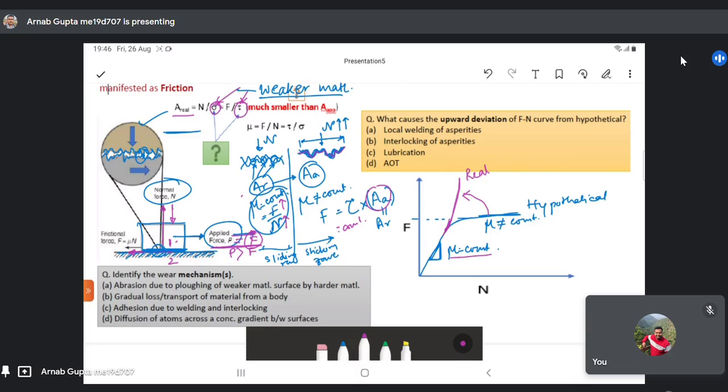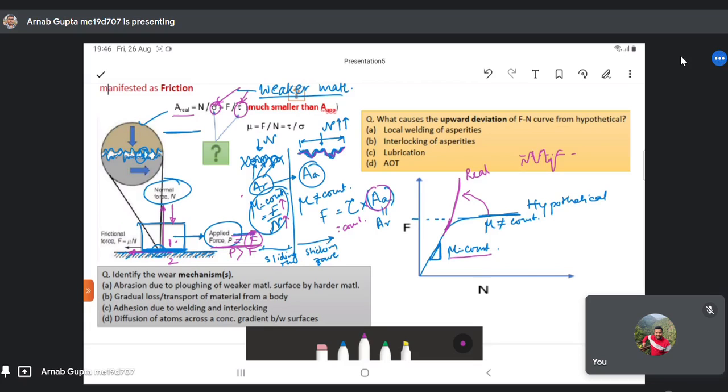Out of them, one is the interlocking of the asperities. As the asperities get interlocked between each other, you have to break those contacts to make the body move forward. So essentially, you need a higher force to be applied to overcome that frictional force.